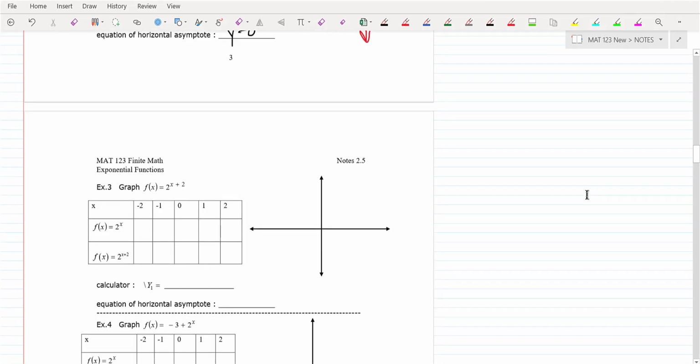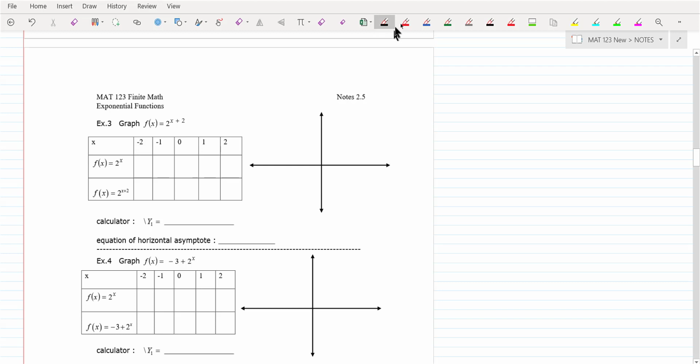Okay, let's take a look at this one. Now, what I'm going to have you do on this is we already figured out this information, the first graph that we already did. We did 2 to the second is 4, 2 to the first is 2, 2 to the 0 is 1, 2 to the negative 1 is a half. We're going to keep doing that on each of these problems.